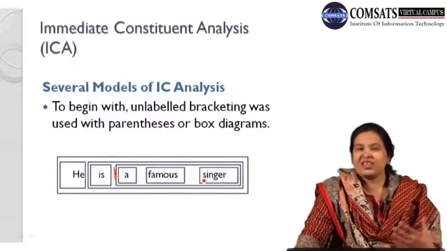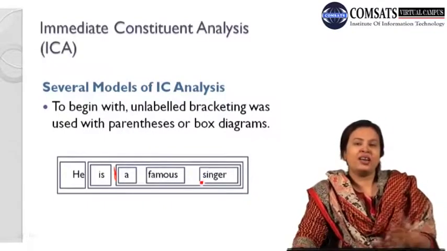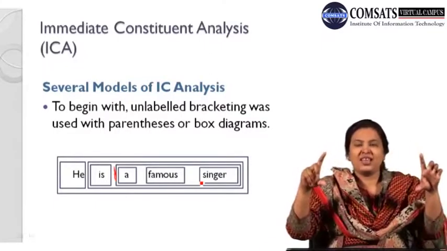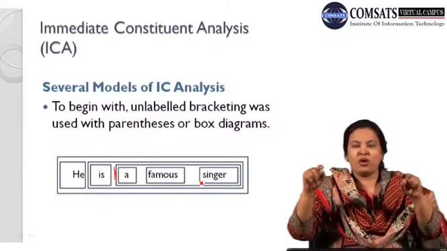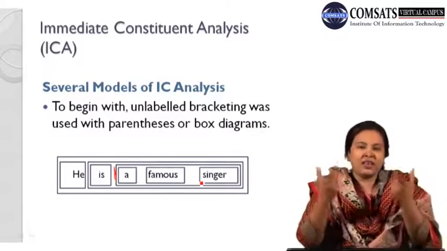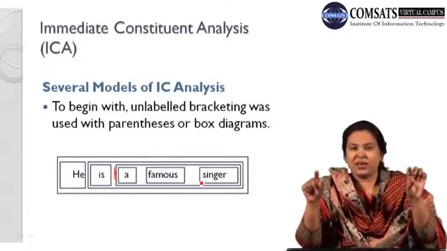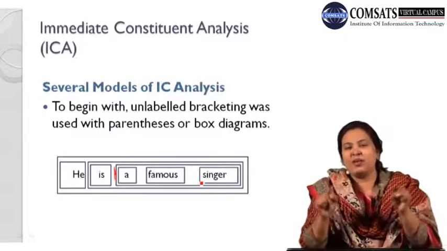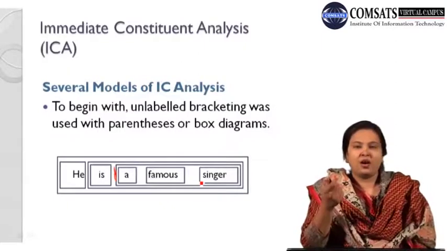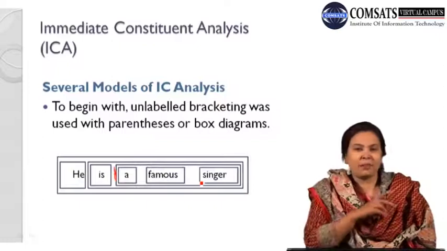So again we are dividing into different parts. One big box for the whole sentence, inside that a second box for the second level of cut, then boxes for the third level cut, and you keep on adding boxes till you get each individual item of that sentence separated.